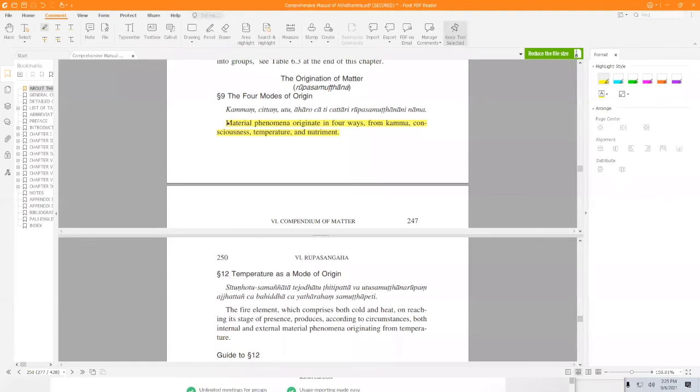Okay, so it's said that there are 4 ways in which material phenomena originate: from karma, from mind or consciousness, from temperature, and from nutriment.